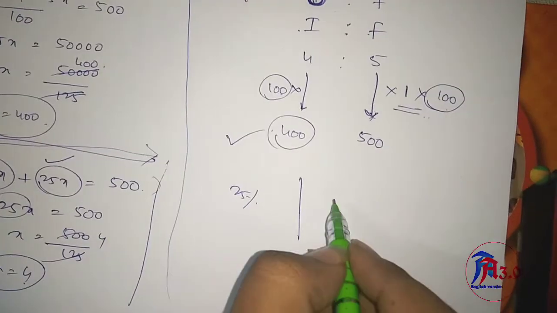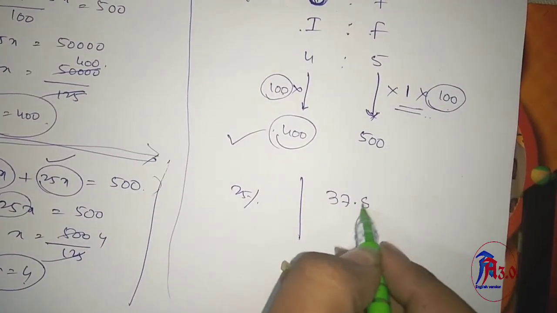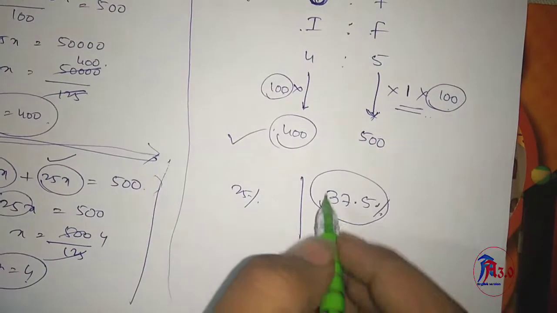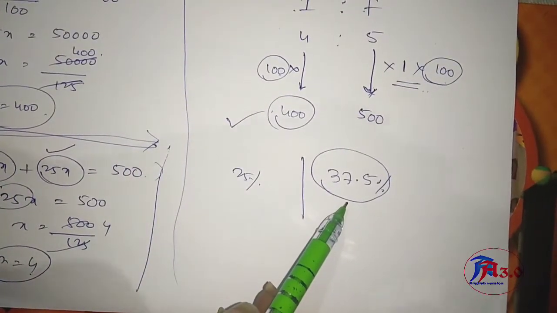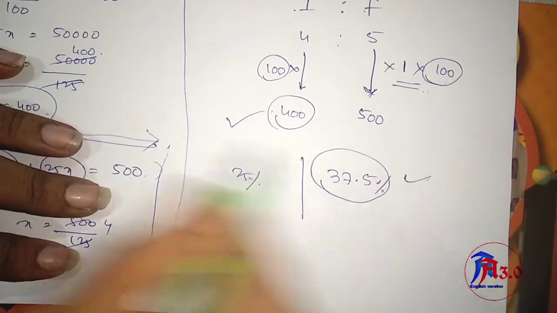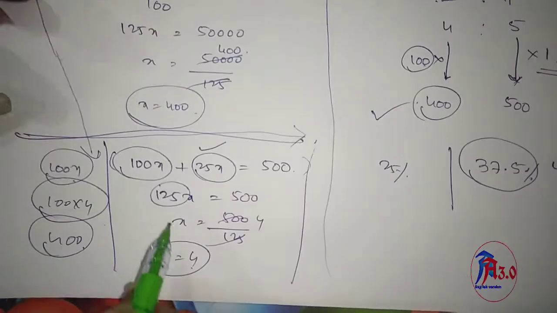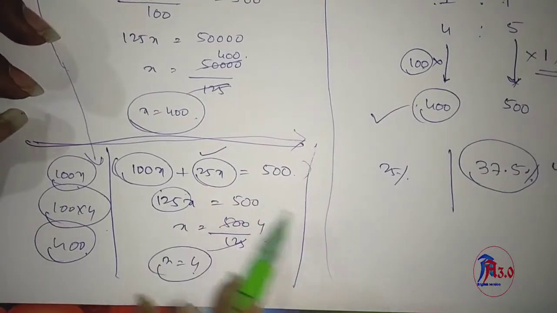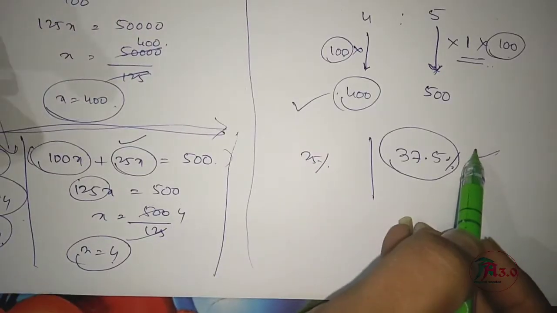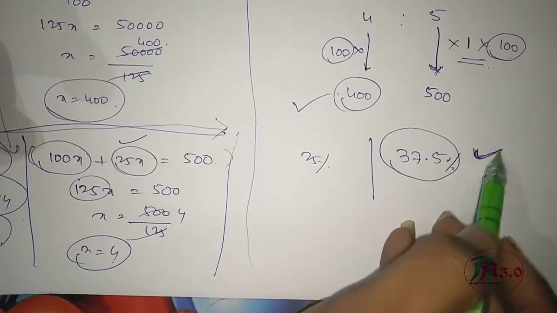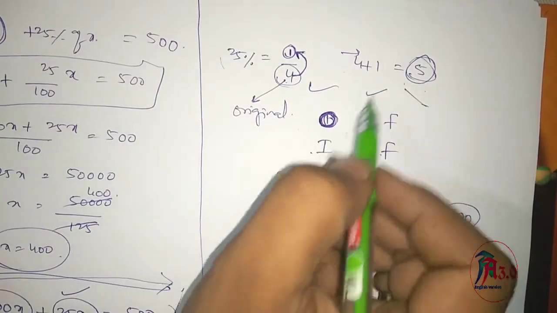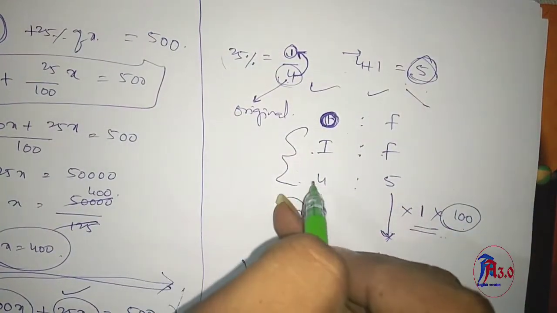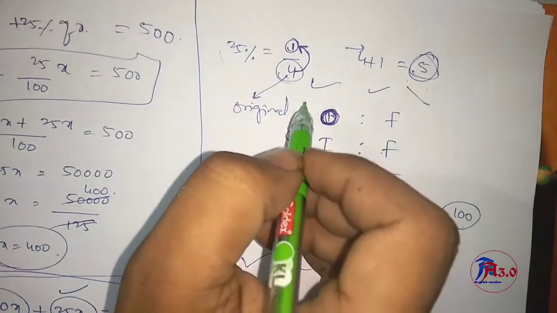If the question is asked in 37.5 percentage, then what will you do in this case? Your calculation becomes harder and tougher, such that you can't attempt this type of questions there. So it is better to use ratio. Utilization of ratio is very important in competitive exams.